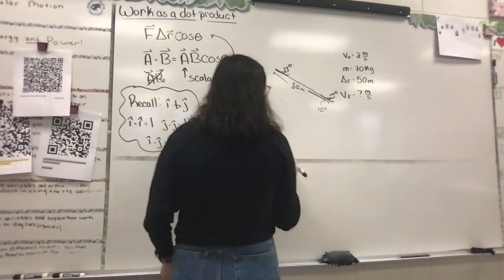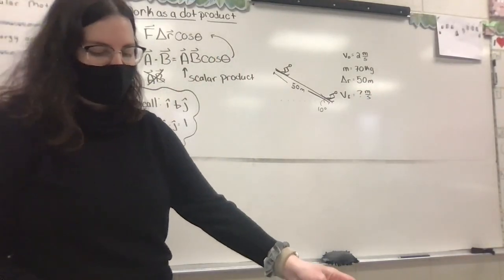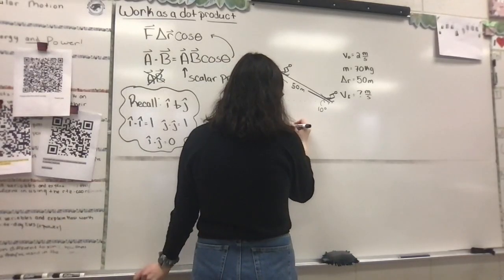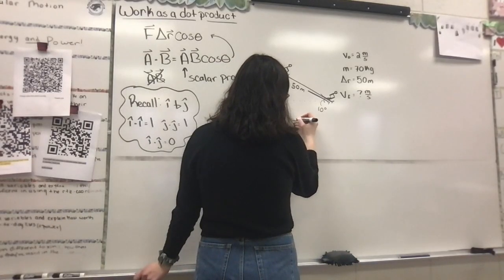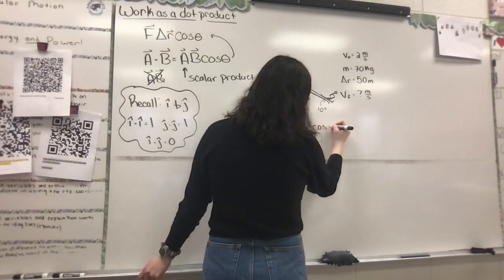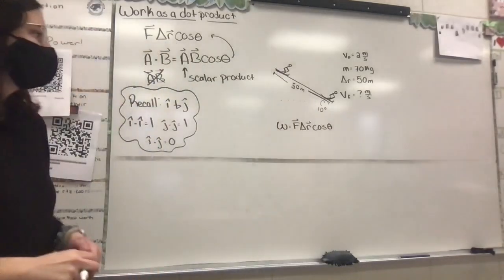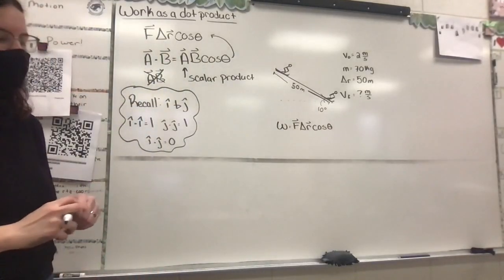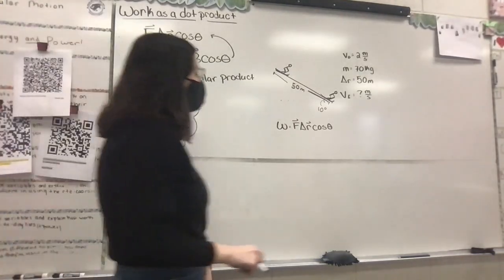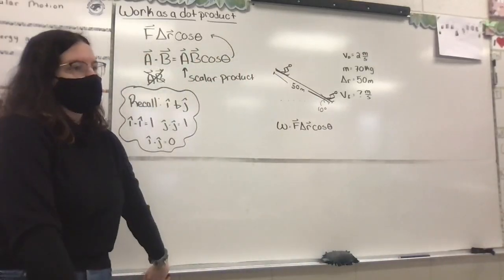Okay, and we know from doing all this dot product stuff that work is going to be force delta R cosine of theta. So let's start trying to pick this apart a little bit, okay? First things first, how do you think we'll find our force?